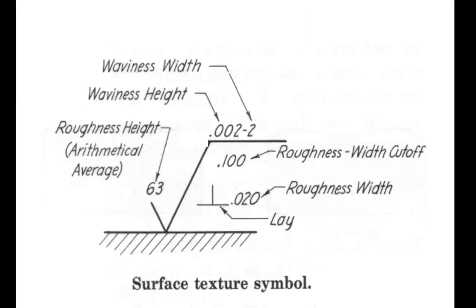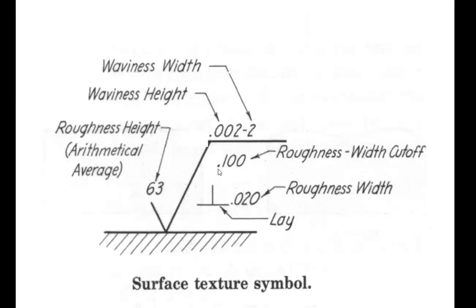Since mainly we control the size of waviness using flatness tolerance, seldom do we write those numbers. The valuable numbers to provide are roughness height and roughness width cutoff.